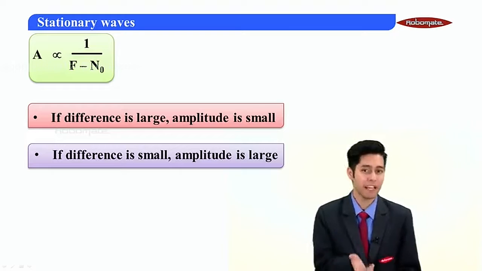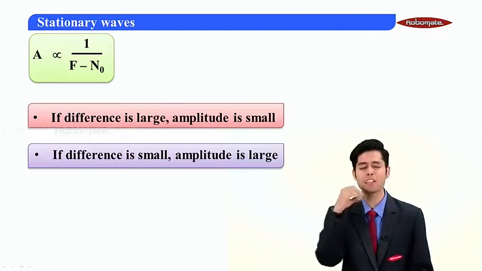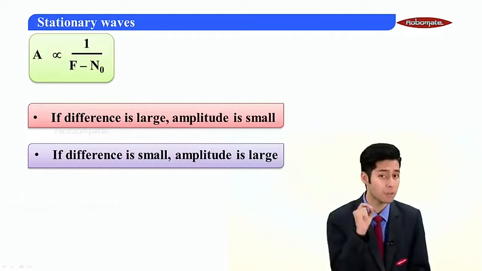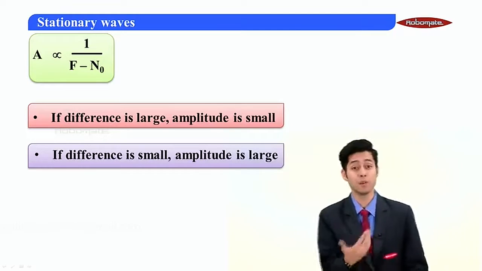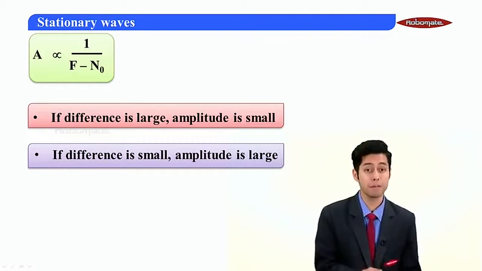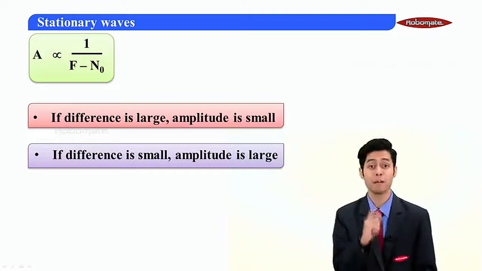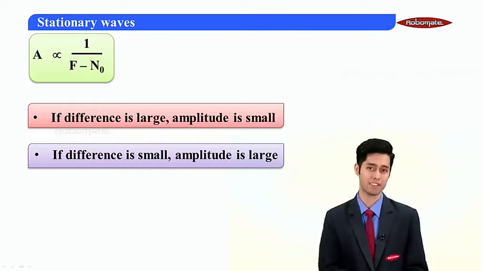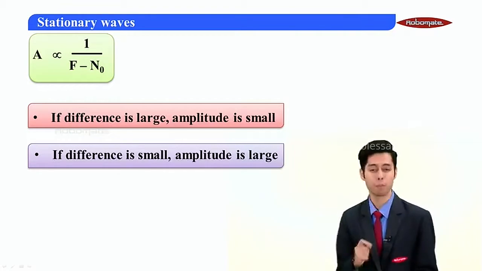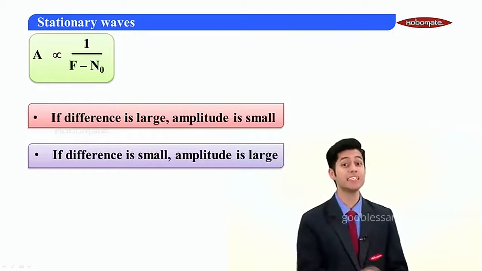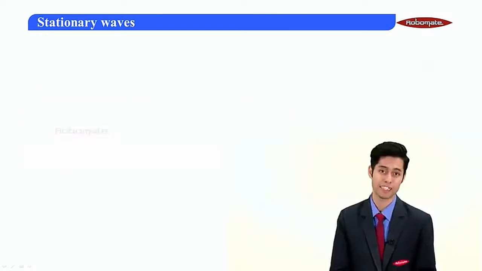When they are same, that means, can I say the difference will be the smallest? That means the difference will be 0. So amplitude will tend towards infinity, but for practical purpose it is not actually infinity, but amplitude is very, very large. So the maximum amplitude is obtained when the frequency is equal to the natural frequency.